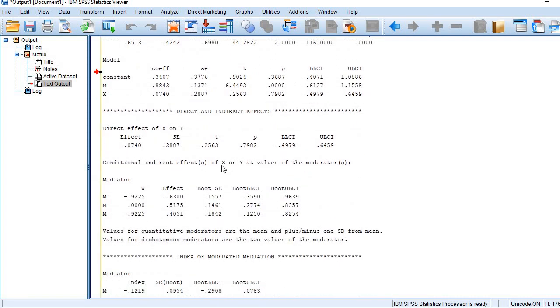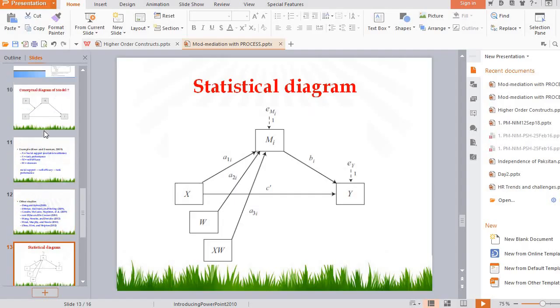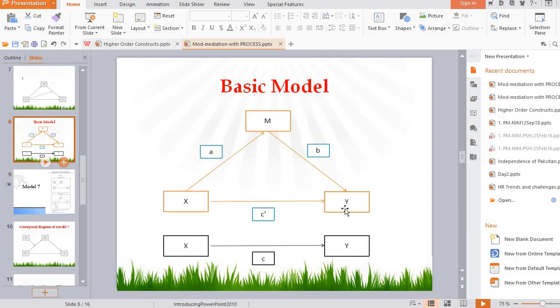Then comes the last line, which has been taken here. If you recall, we had examined that. Let me take you back here. With the inclusion of m, this part, the C prime, measures the direct effect.